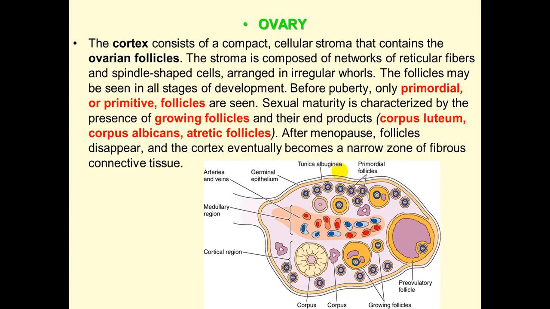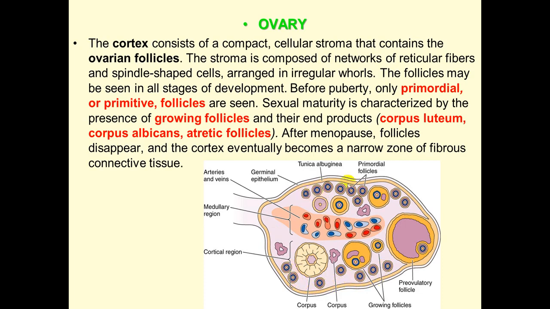These follicles appear only in the embryonic period of lifespan, and at the moment of the childbirth of the girl, the number of these primordial follicles is limited to, according to different statistics, from 200,000 to 400,000 follicles.